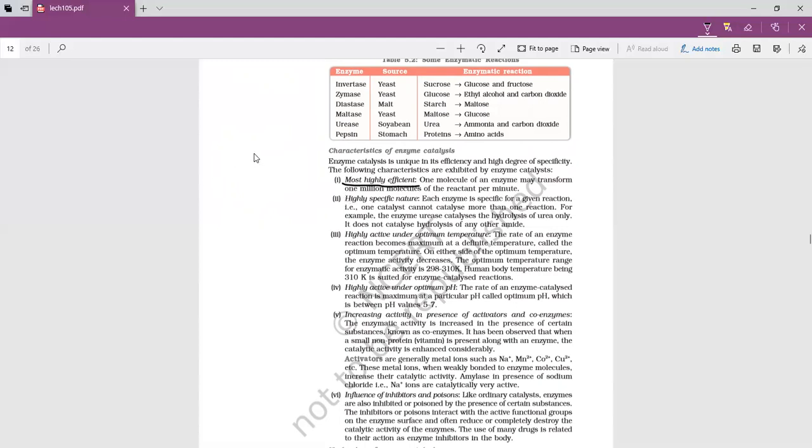Just for an example, if you take a bucket of milk and if you put a drop of lemon juice, the whole bucket of milk can be curdled. This is because it forms lactic acid, and the H plus ion further produced curdles the rest part of the milk.